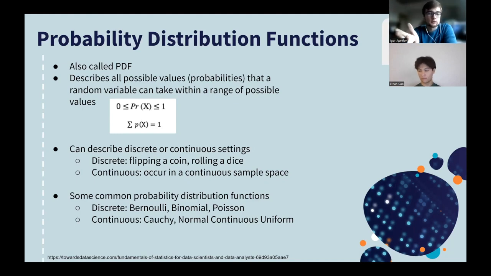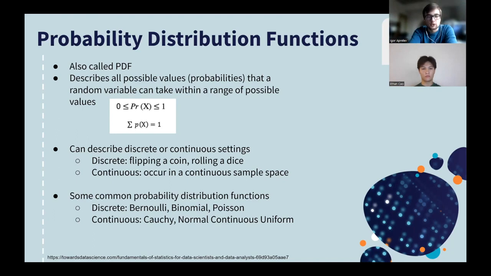You'll often see these referred to as PDF, as you can see in the slides. And essentially what the PDF describes is all the possible values or the probabilities that a random variable can take within a range of possible values. So it's literally just a function that assigns probabilities for certain inputs that you give to the function.